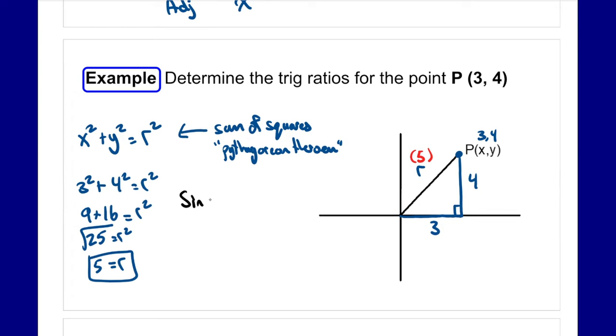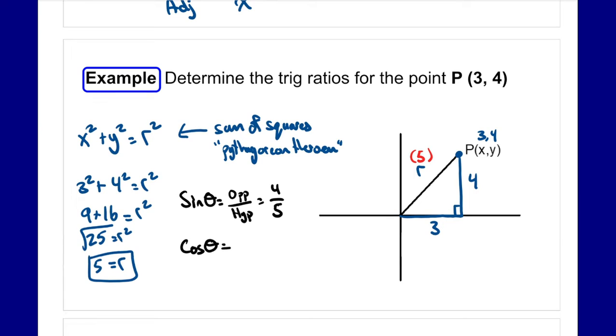Sine of theta is opposite over hypotenuse, or in this case, 4 over 5. Actually, let me just write it out, opposite over hypotenuse. I'll just write it out fully just so we can keep on refreshing ourselves. So 4 over 5.